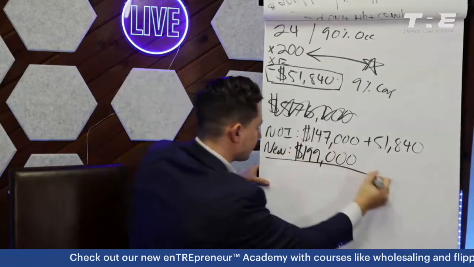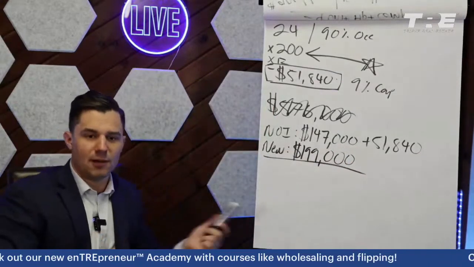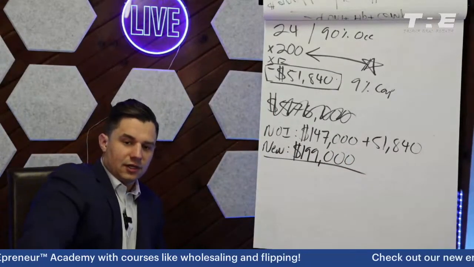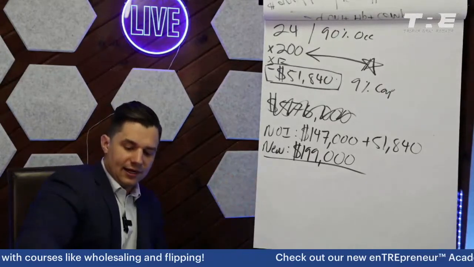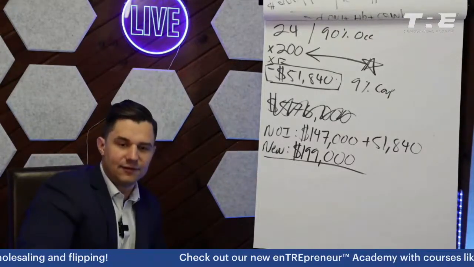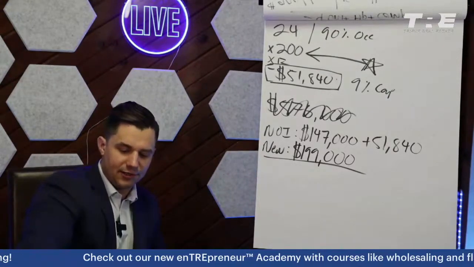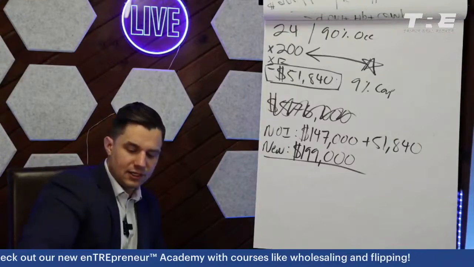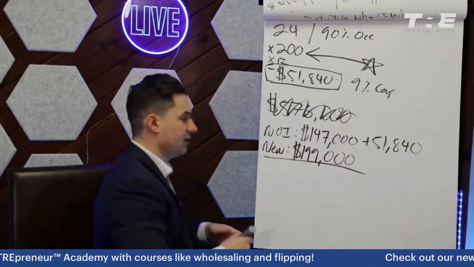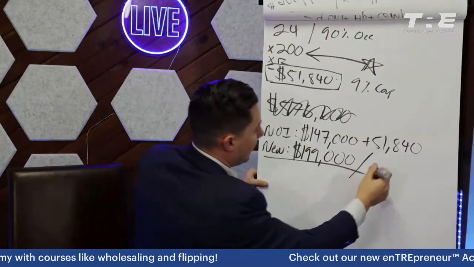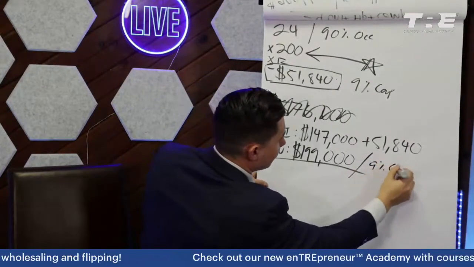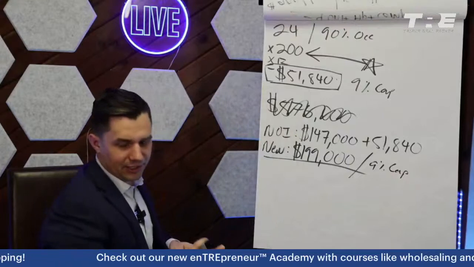$199,000. Now, if we sold this property in year 2 with our new NOI of 199, even if we sold it at a 9% cap rate, divided by 0.09, and we would never do this, we would sell it at a lower cap rate.